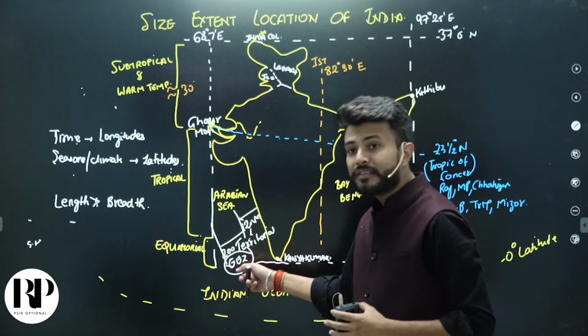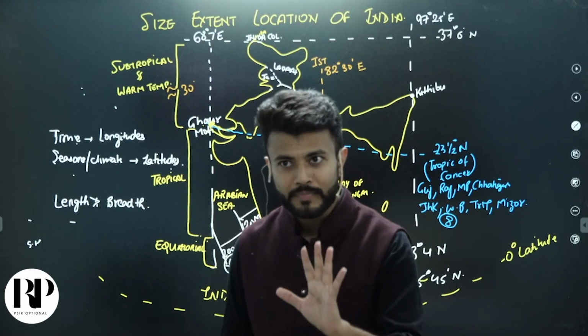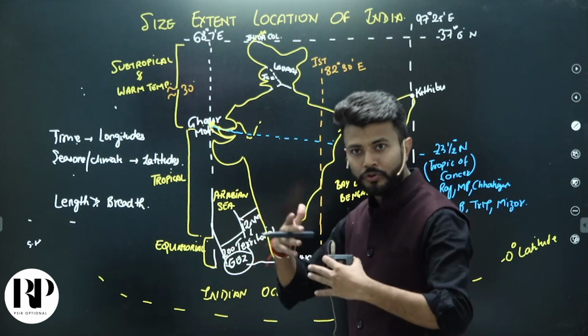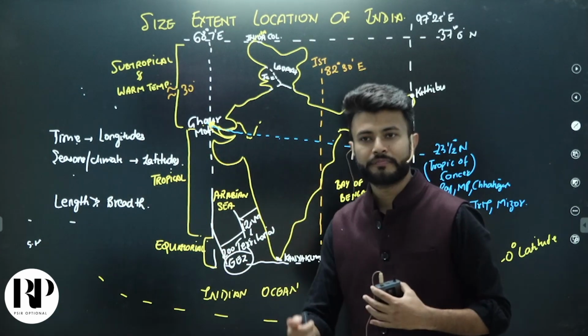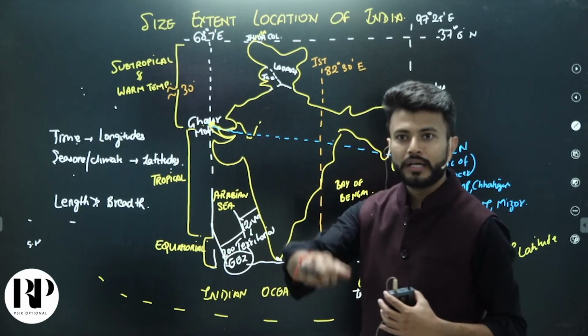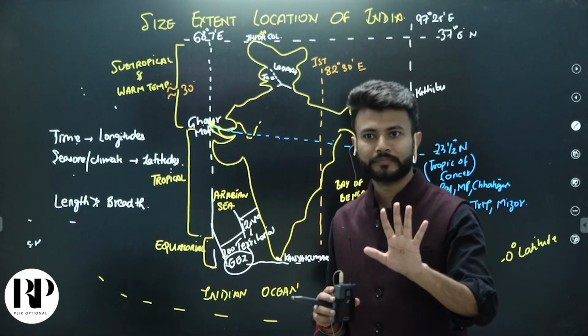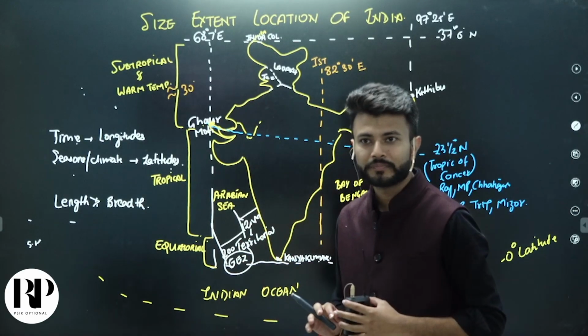In EEZ, India has exclusive economic rights. That means if there are some resources in India's water up to 200 nautical miles from India's coast, India has exclusive right to dig out those resources. ठीक है. So now territorial limits and EEZ, these things are also clear.